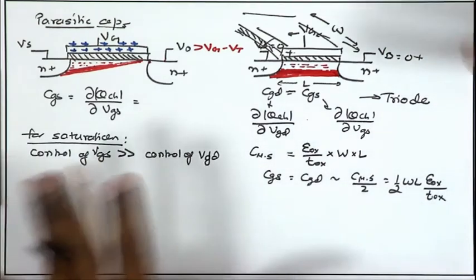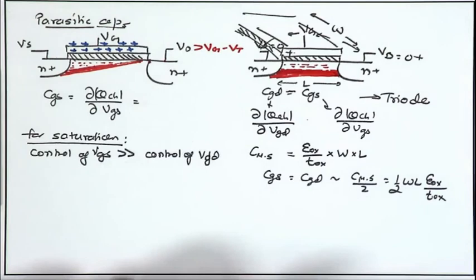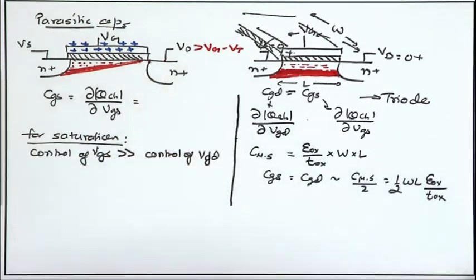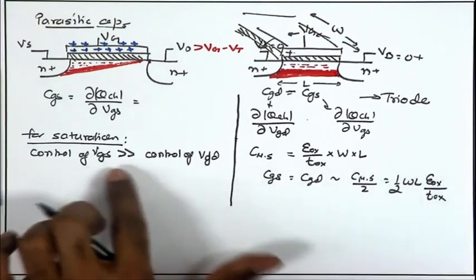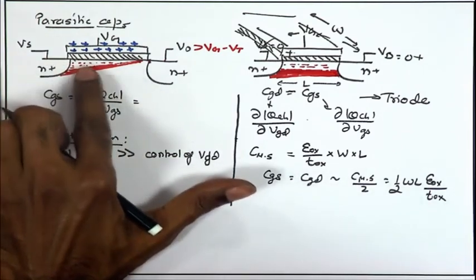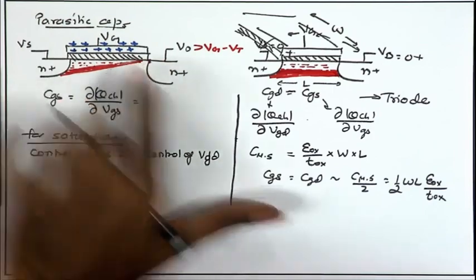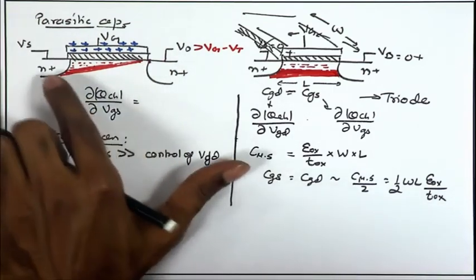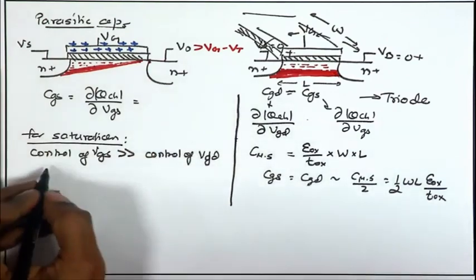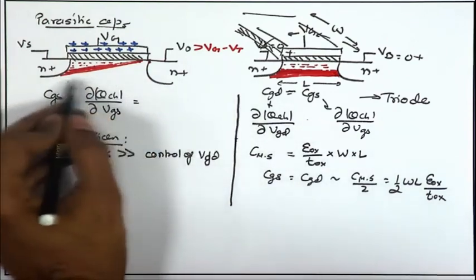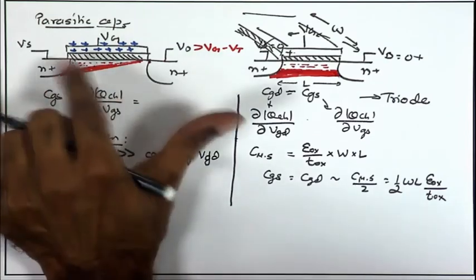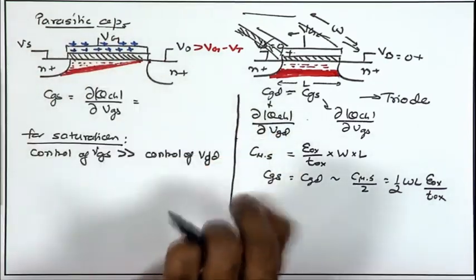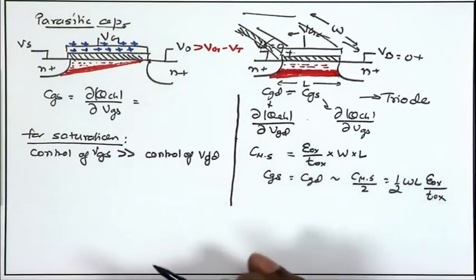This is an approximate relationship which is true in triode region, but in the saturation region the control of the source is much stronger on the channel, control of drain is much weaker. So, effectively CGS takes a larger role, and we can derive the exact formulation by integrating the effect of increasing gate to source voltage on total charge and arrive at the accurate value.